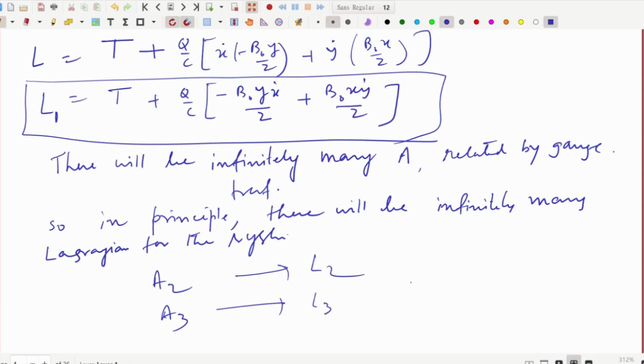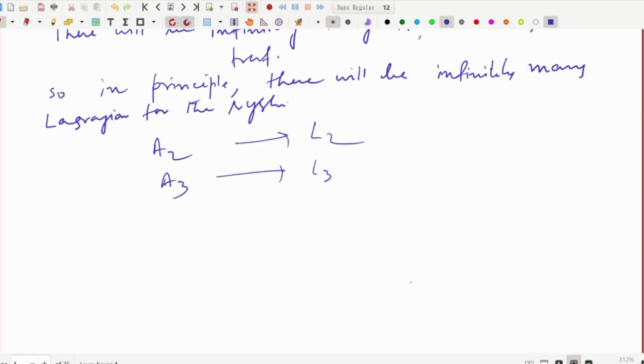This point we will do later, but before that, whether the Lagrangian we have derived from the Lorentz force is a correct Lagrangian or not, we have to check. The way I mentioned in the very beginning, a Lagrangian will be the Lagrangian of a system if it correctly produces the equation of motion. So, we have to check whether this Lagrangian can produce the equation of motion for a charged particle in the electromagnetic field. So, let us verify that.